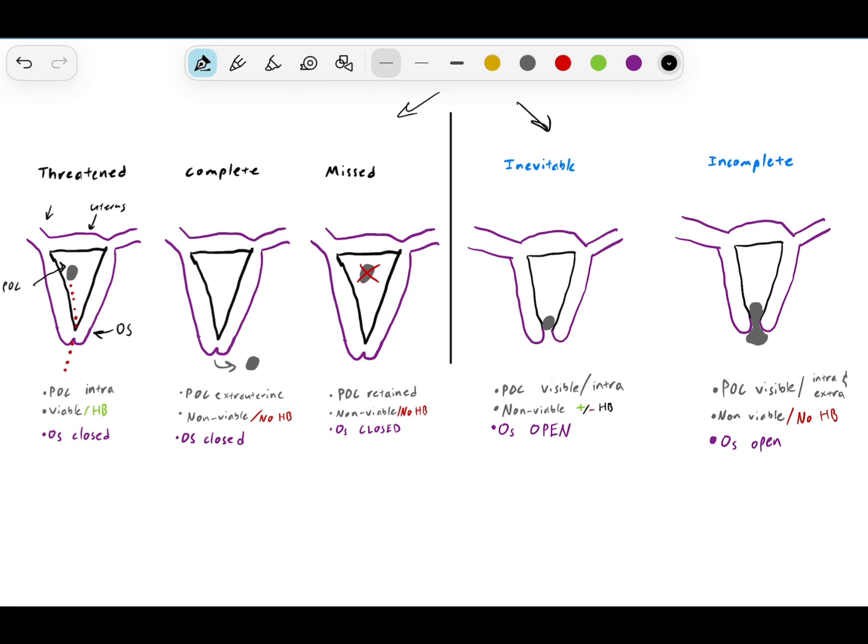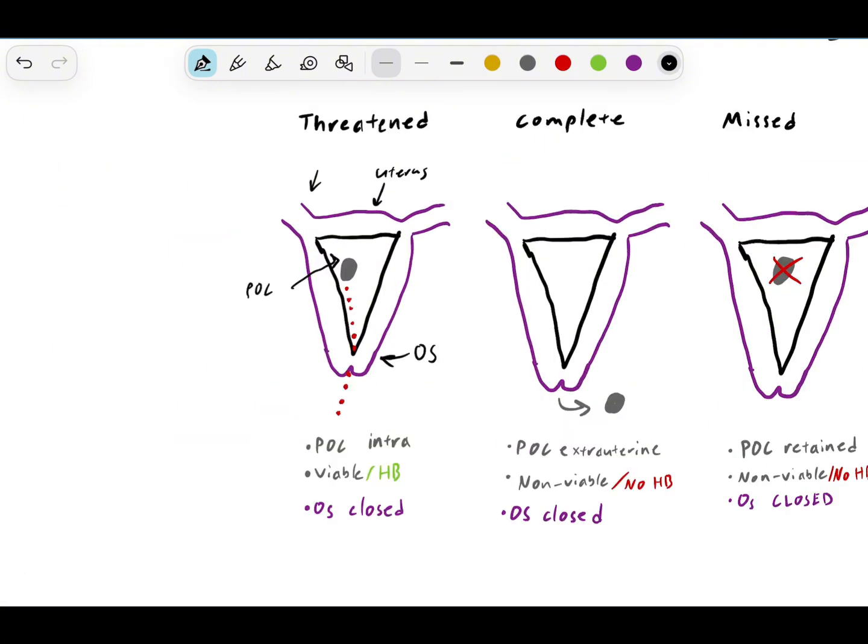Now we'll walk through each one and I'll explain it, and then do a comparison between all five. Coming back to threatened. Generally this presents as painful or painless vaginal bleeding, again, less than 20 weeks gestation. Here are the defining factors of a threatened miscarriage. Step one is that the products of conception are still intrauterine, and I've drawn that up here.